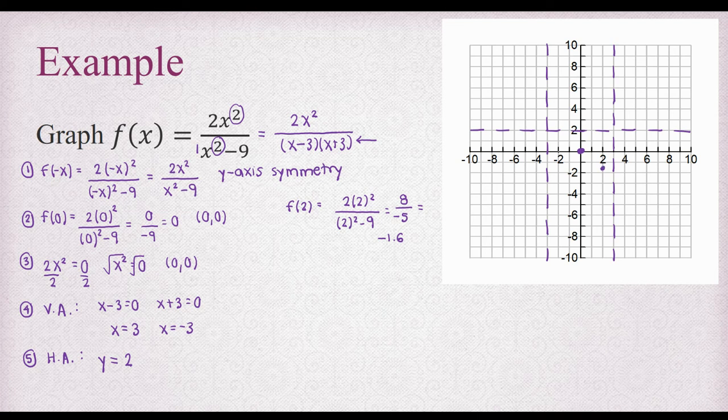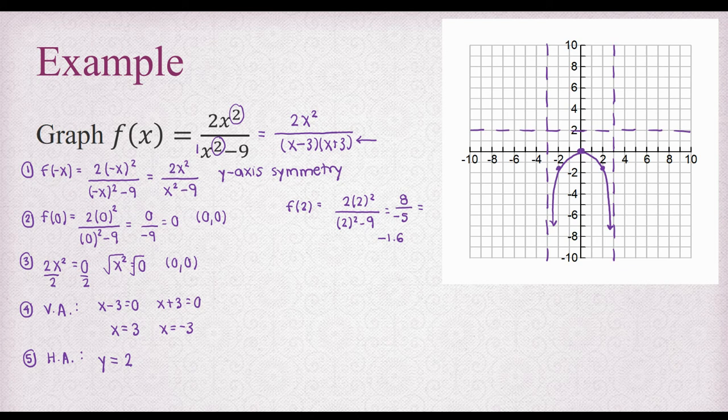That means that at negative 2, I also go down to negative 1.6 because it's a mirror image. So notice that in between those two vertical asymptotes, I am going to be getting basically a parabola-looking shape because it's going to continue to go down and down and down. So that's what's happening in the middle of those two vertical asymptotes.